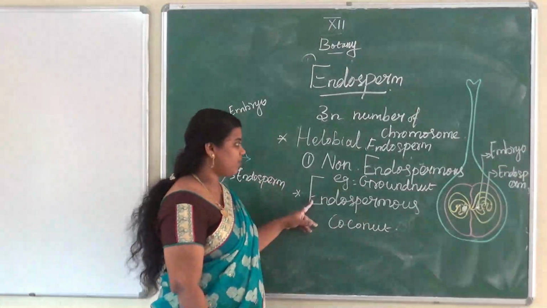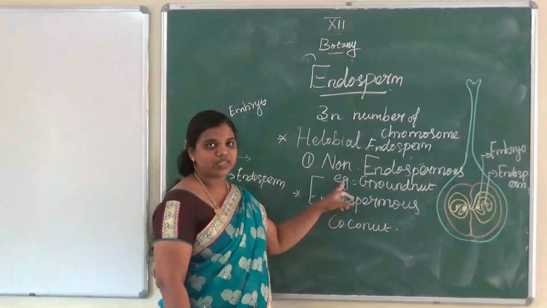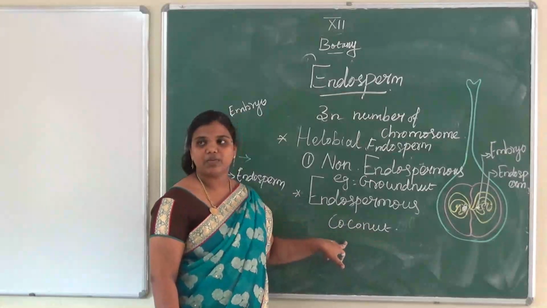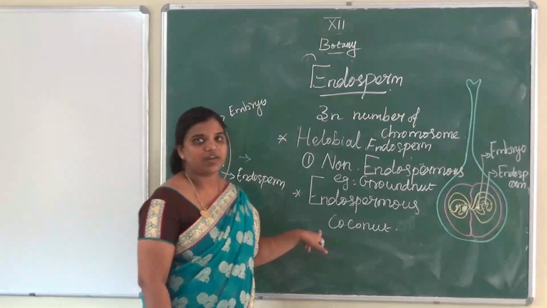So the two examples are groundnut for non-endospermous and coconut for endospermous. Is it clear for you?